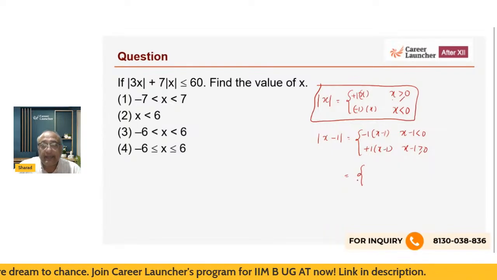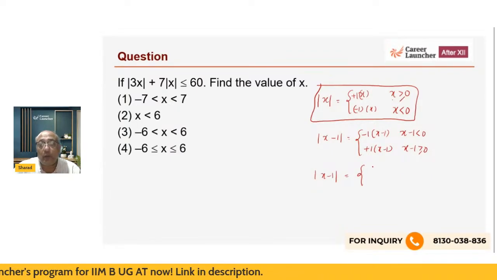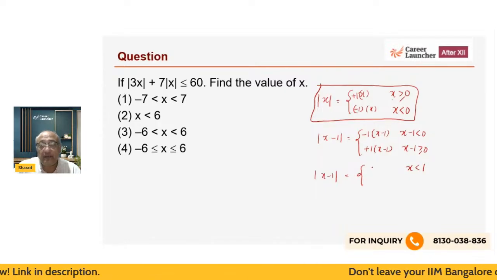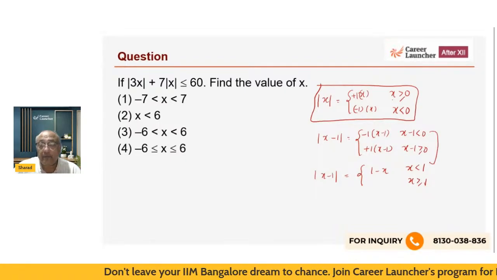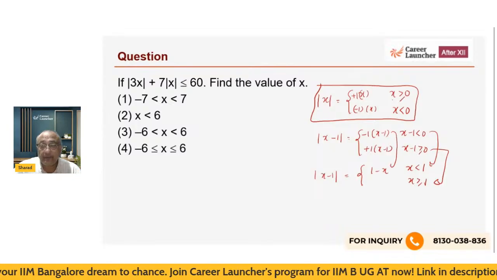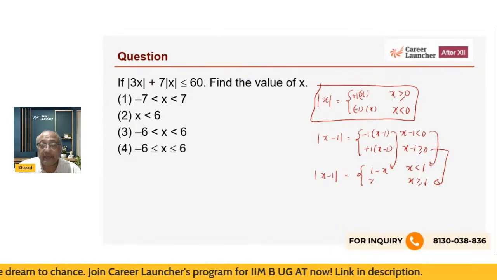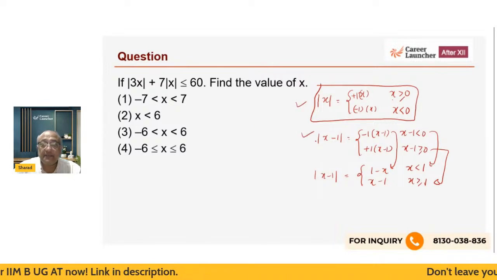So I'll get this function as basically two functions rolled up into one. When x is less than 1, it is 1 minus x, and when x is greater than 1, it is x minus 1. See how it has come from here. So this is our first revision of the concept.